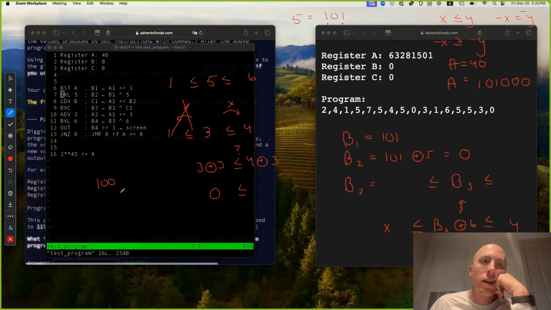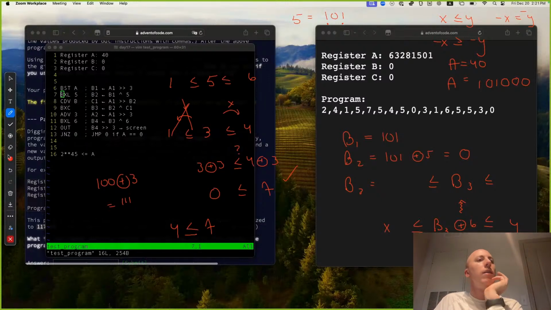You're going to get 1, 1, 1. So you are still going to have 0 is less than 7. That's good. But what if we had 4 is less than or equal to 5, 6, 7? How about that?